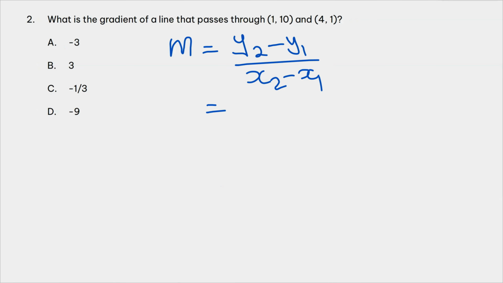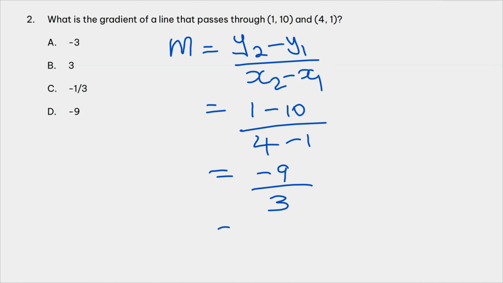Now y2 would be 1, and then minus 10, and then our x2 is 4 minus 1. Now 1 minus 10 is negative 9, and then 4 minus 1 is 3.